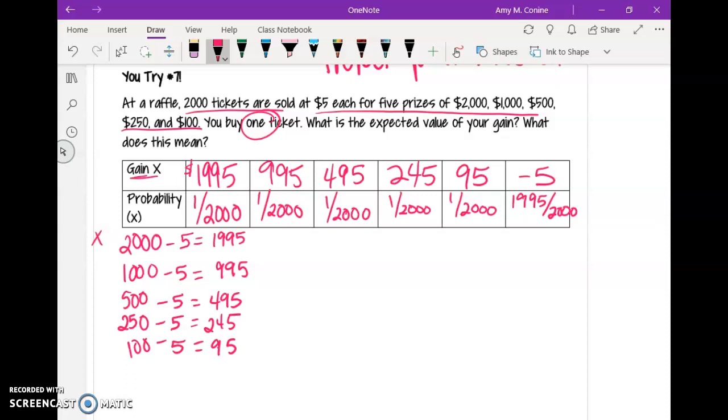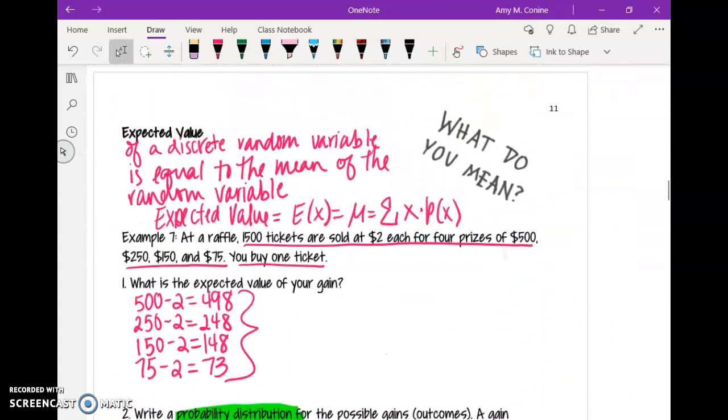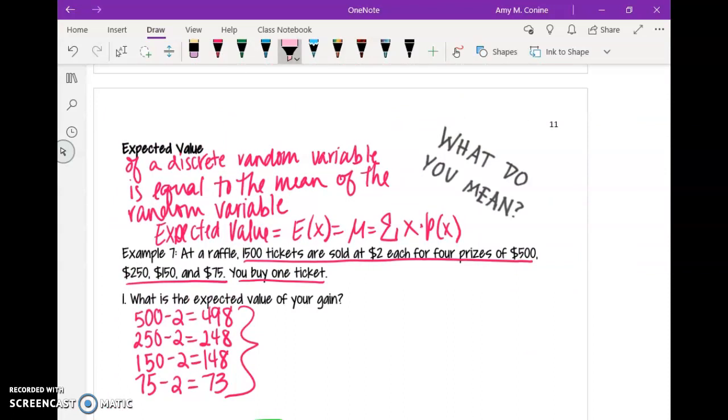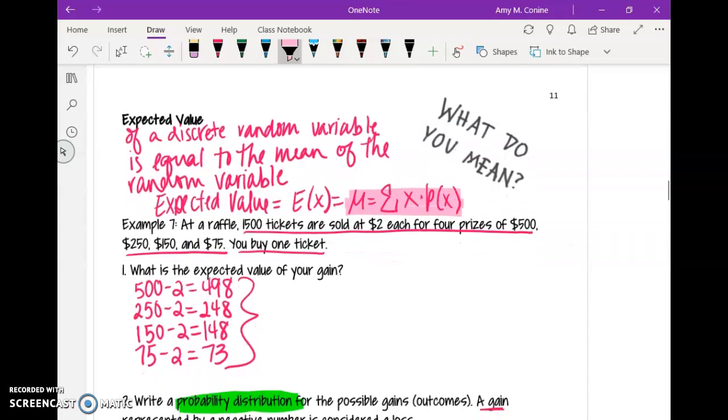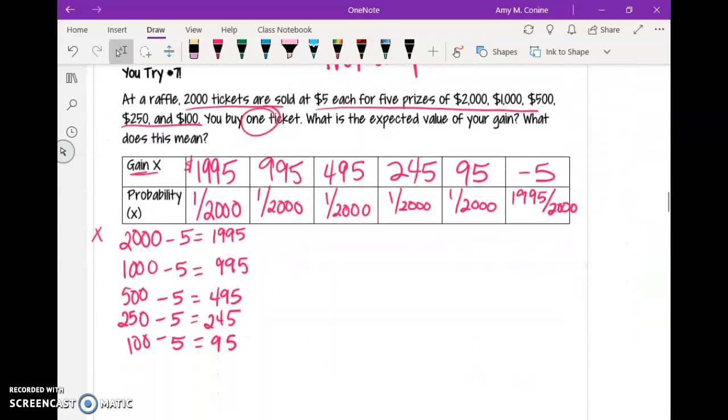So if you remember from last time, our expected value formula is mu, and that equals the sum of the random variable times its probability. So we need to do the same thing down here.